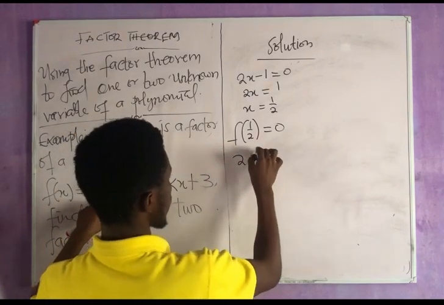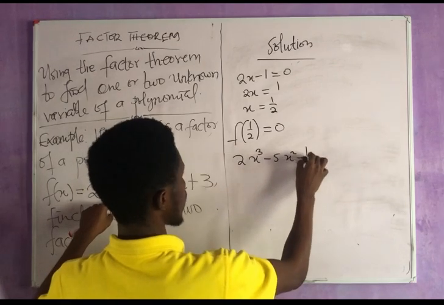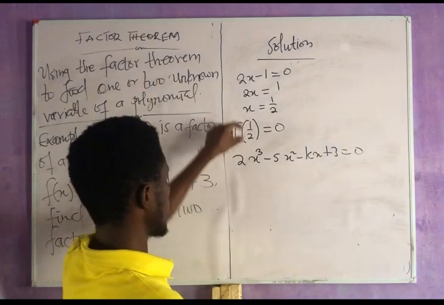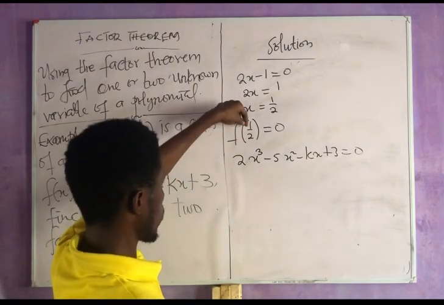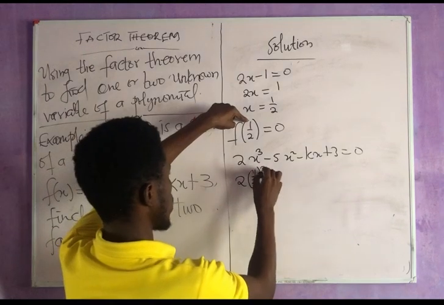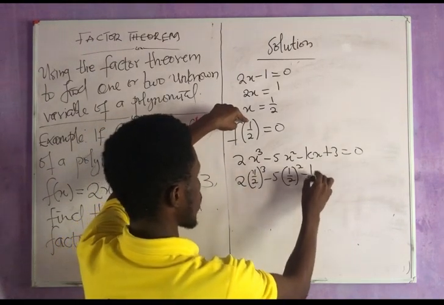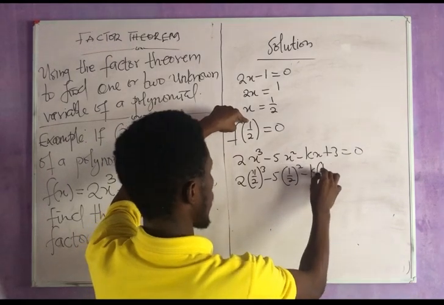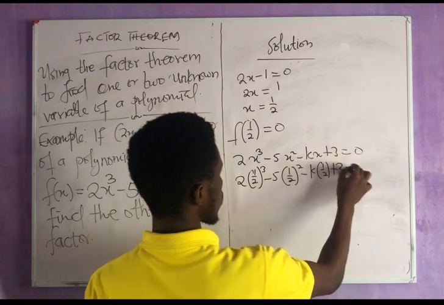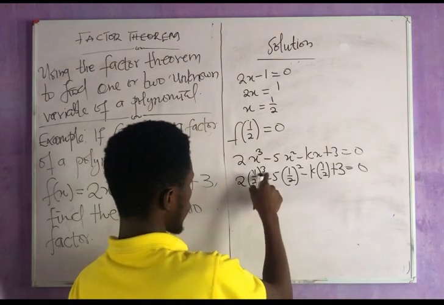2x cubed minus 5x squared minus kx plus 3, which is now equal to 0. Wherever you see x, we substitute 1 over 2. So we have 2 times (1 over 2) cubed minus 5 times (1 over 2) squared minus k multiplied by 1 over 2 plus 3 equals 0. Half cubed is 1 over 8.